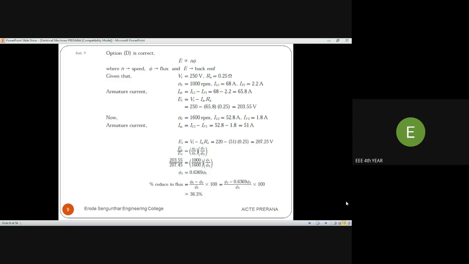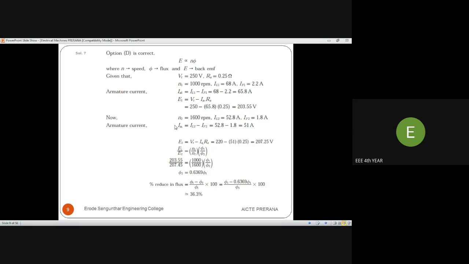Initial armature current Ia1 equal to IL1 minus If1, that is 68 minus 2.2 ampere. We can get 65.8 ampere. Then we can find out the back EMF E1. That is the formula V minus Ia1 into Ra. 250 volts minus 65.8 ampere into 0.25 ohm. We can get back EMF Eb1 value, that is 203.55 volt.